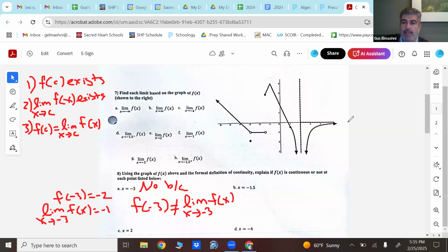Like for negative 1.5, let's go with a contrast. The limit as x approaches negative 1.5, and I'm going to do minus and plus. That's negative 1 from the left side.